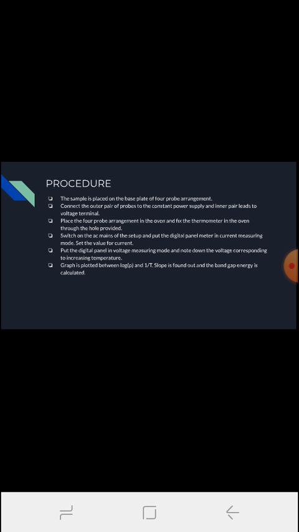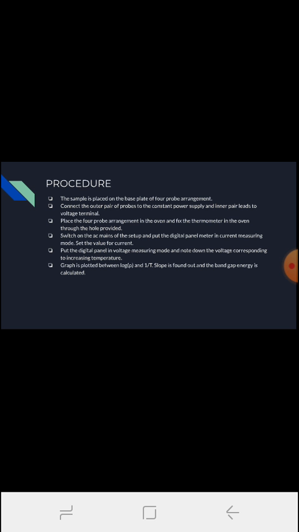Switch on the AC mains of the setup and put the digital panel meter in current measuring mode. Through the selector switch, set the current equal to I. Put the digital panel meter in voltage measuring mode and note down the voltage corresponding to increasing temperature.